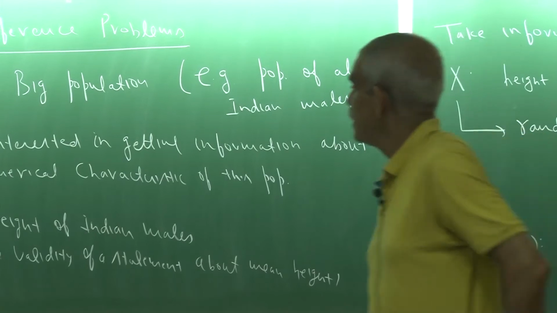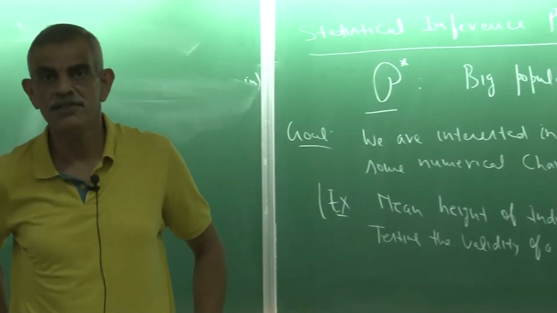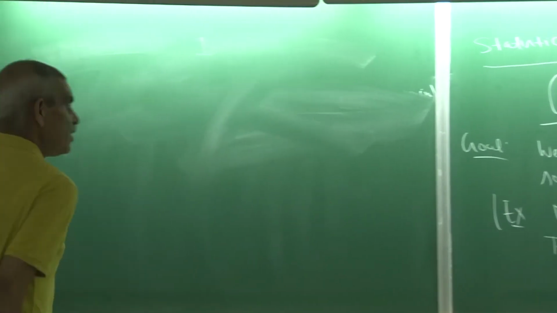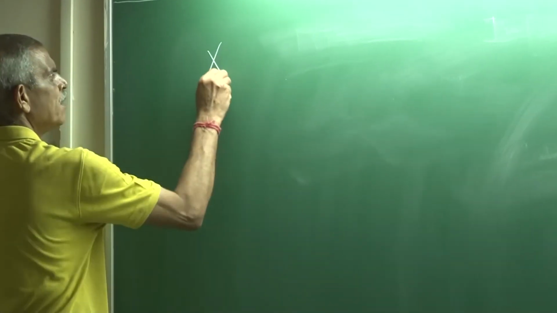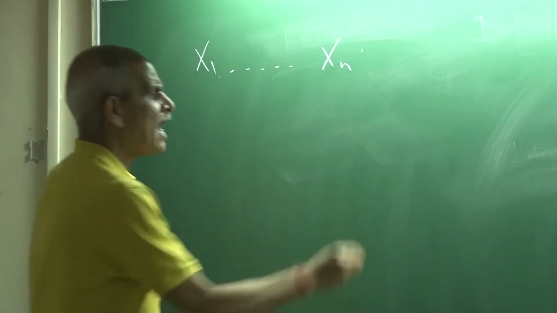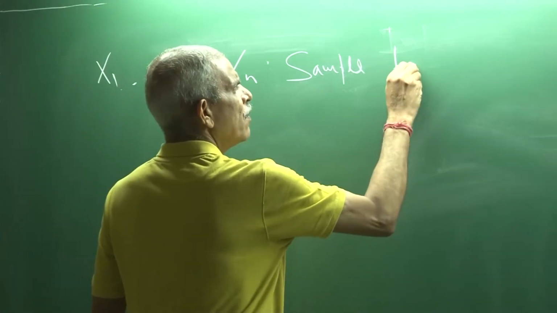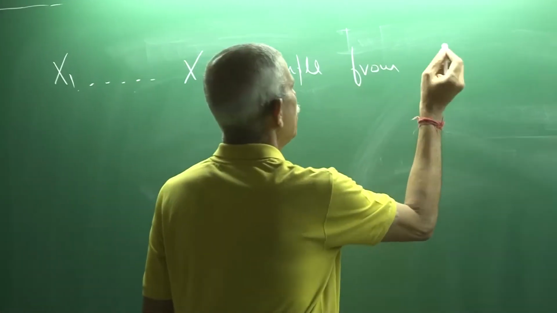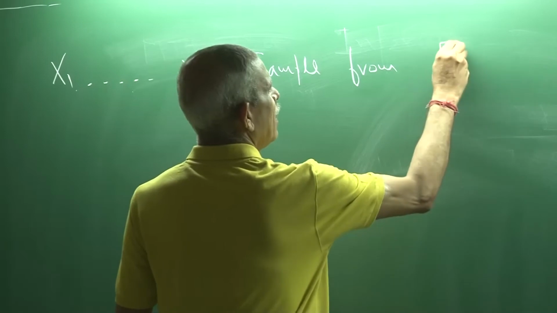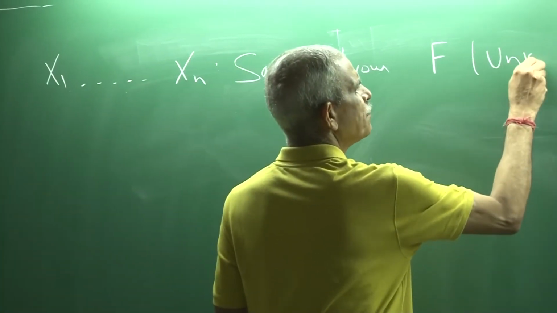As I said in the beginning, it is not possible to get observations on each and every individual. So, what do you do? You take a random sample. So, X1, X2, ..., Xn is a sample from, let me say, F, which is unknown. This is a distribution function.